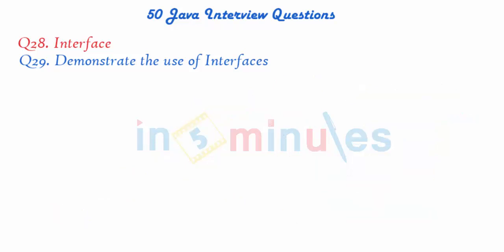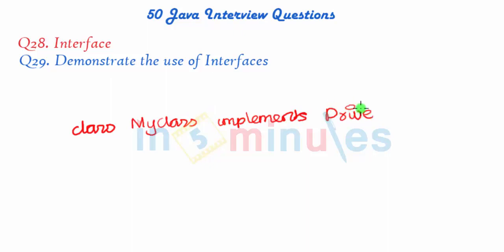So this is the star point of an interface. All the methods inside an interface must be overridden inside the implementing class. Of course, we know that classes don't extend interfaces, they implement them. So if we have a class, say class MyClass, which implements an interface, let's talk about the drive interface only, implements Drive, all the methods inside the interface Drive must be overridden over here.